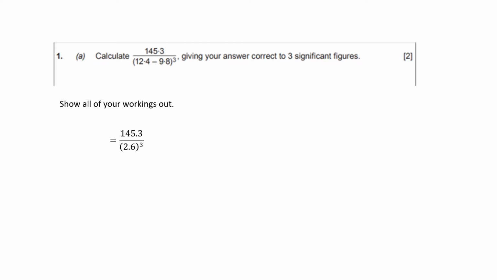Now, the first thing is, I would suggest on your calculator, because you're allowed to use a calculator, don't assume, don't try and be clever. You work out 12.4 minus 9.8 on your calculator. All right? Don't try and work it out in your head. The next bit is you expand 2.6 cubed.